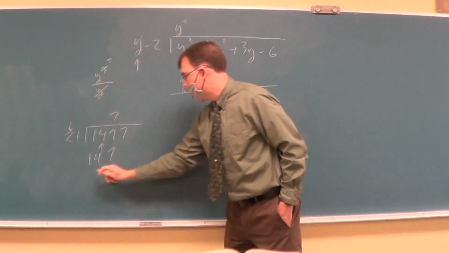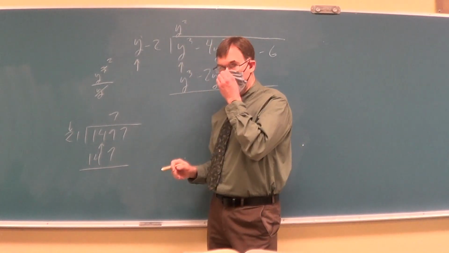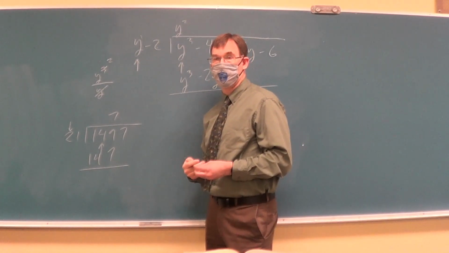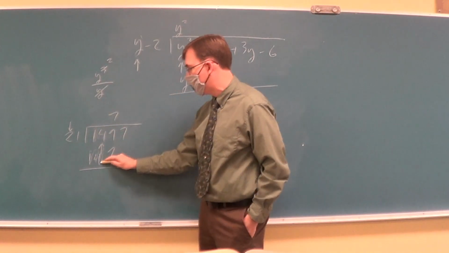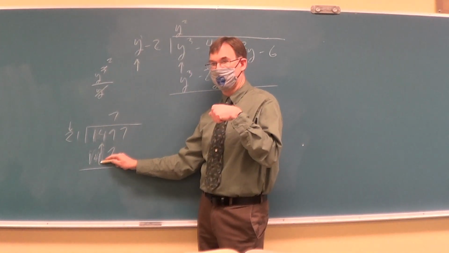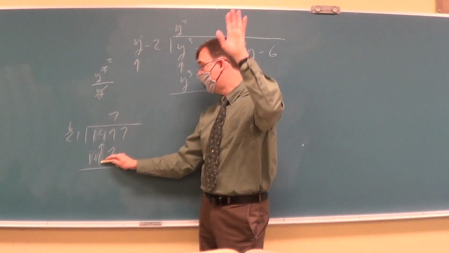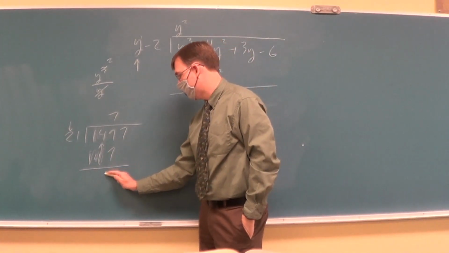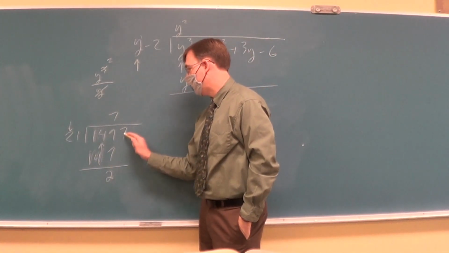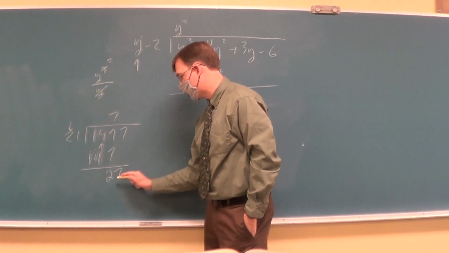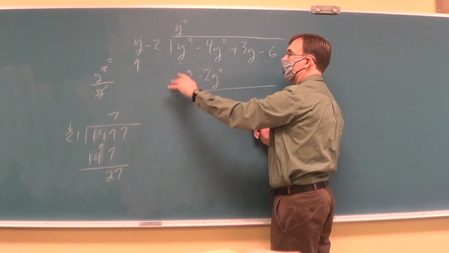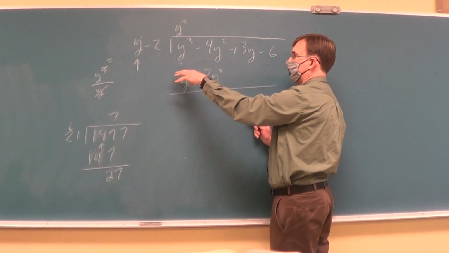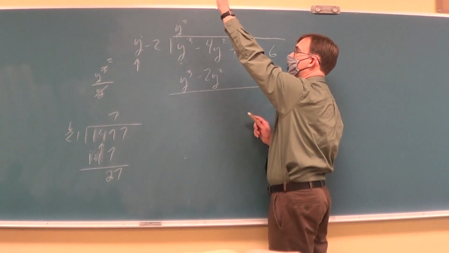Then we draw a line that symbolizes that we're about to subtract. You probably got real excited about these matching, because when you subtract, they're just gone. 9 minus 7, 2, and then this drops. These match, so they just disappear.